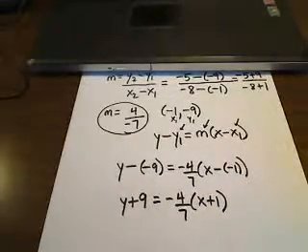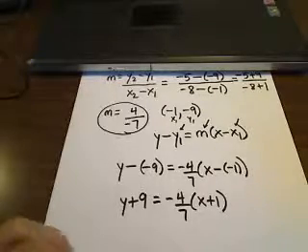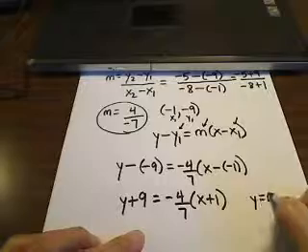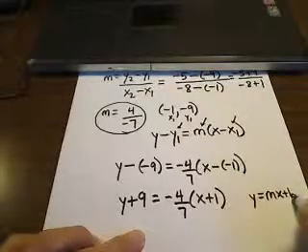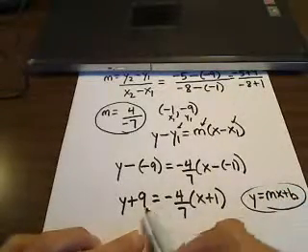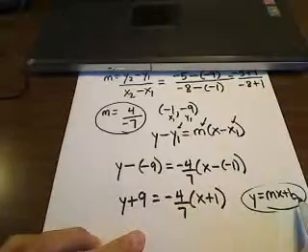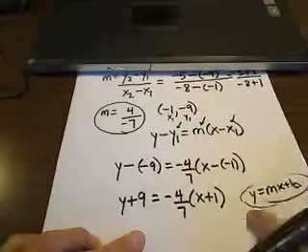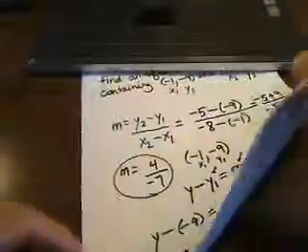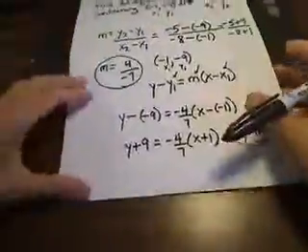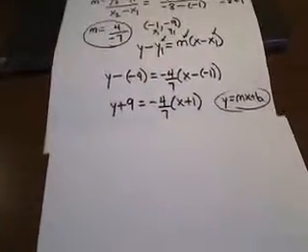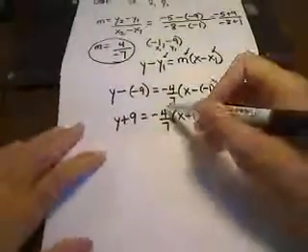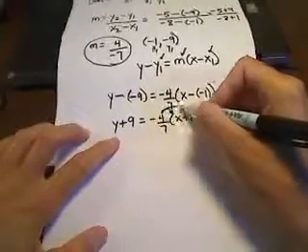Now they asked us to leave this, I believe, in slope-intercept form, which is the y equals mx plus b form. So what we need to do is put this equation in that form. So we need to continue to solve. It's going to look like us distributing the -4/7.